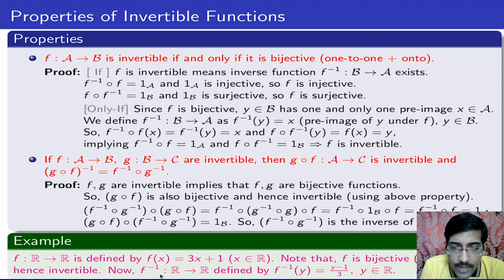Then we saw that the inverse would be (y minus 1)/3, because this composed with f gives you y, and f inverse composed with f of x gives you x. You try to do that and see that this is the inverse. So this is what we mean by an inverse, and all of these definitions and properties fall inside this kind of an example.